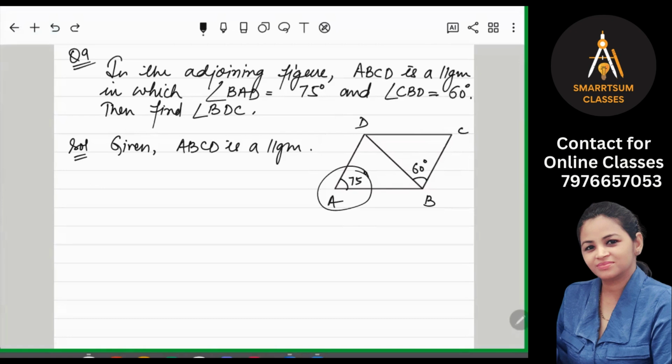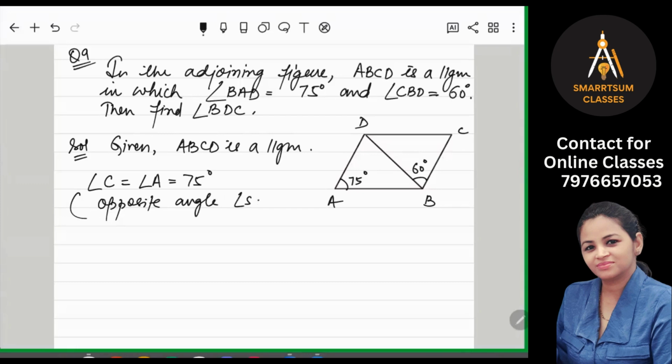These are the opposite angles. Getting that? So angle C is equal to angle A, which is 75 degrees. Why? Always write down what reason you are using: opposite angles of a parallelogram. These are the opposite angles, right? So angle C will also be 75 degrees.